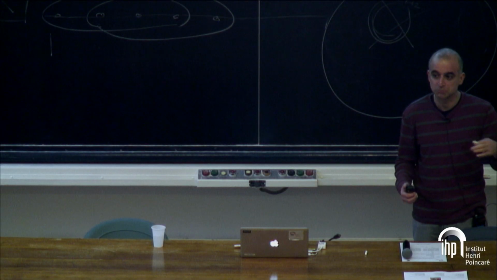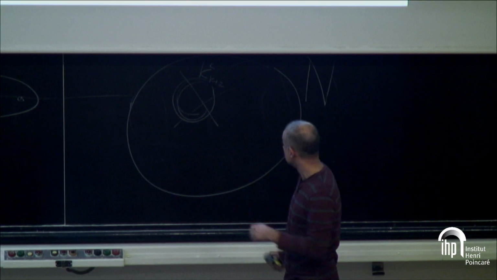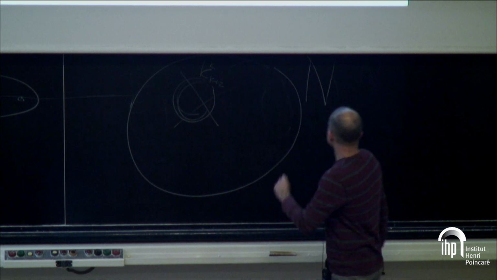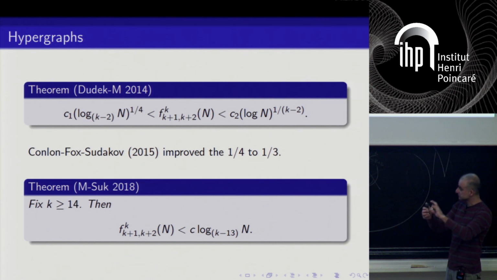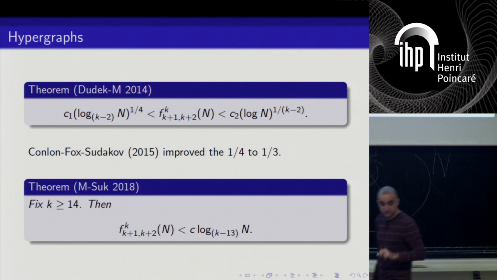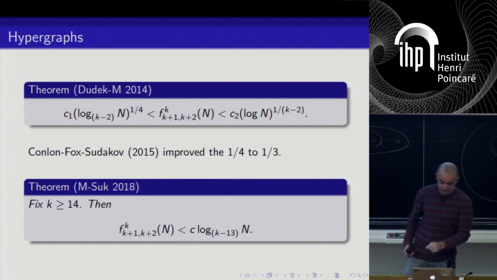That's the second smallest non-trivial clique that you could contain on k-sets. No clique of size k plus 2. And yet, it had so many cliques of size k plus 1, that's k plus 1 choose k edges, k plus 1 edges among k plus 1 points, so many of them that whenever you take a set of size log iterated k minus 13 times, you find one of these things. Okay? So that's the meaning of this theorem.